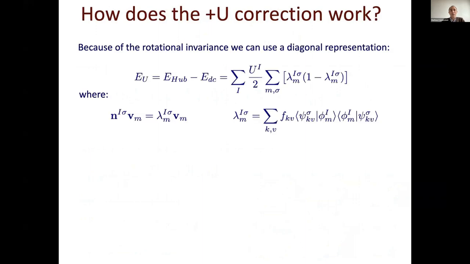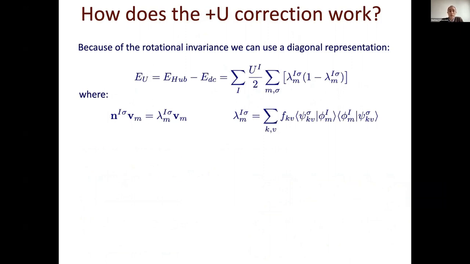And if we look at the potential, we can do that using the diagonal representation, because we still have a rotationally invariant formulation for this corrective functional. Okay, so in this framework where we have diagonalized this occupation matrix, we have lambda_i (1 minus lambda_i), where these lambdas are the eigenvalues of the occupation matrix.